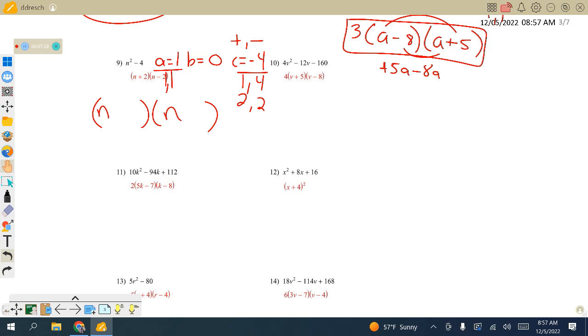One has to be positive, one has to be negative. And the only way that happens is with 2's. Did we change anything from what we did on that Thursday, Friday? No. B is 0, treat it just the same. The only one that you have to remember is when C is 0. C has got to be the GCF then. Otherwise, B is 0, keep doing the exact same thing.